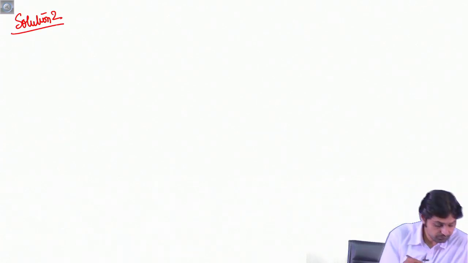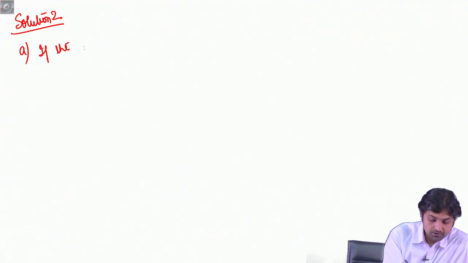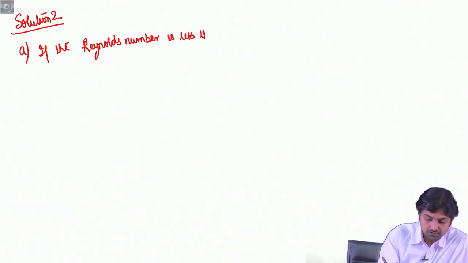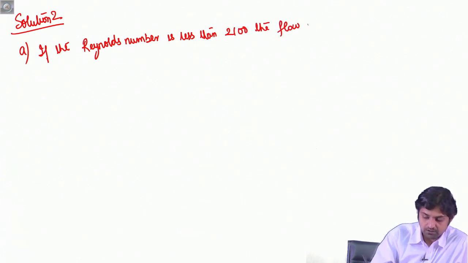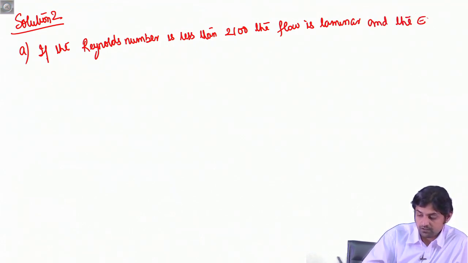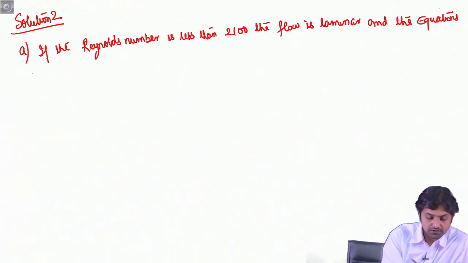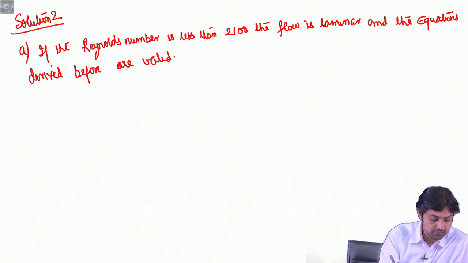The solution to the first one. If the Reynolds number is less than 2100, the flow is laminar, correct, and the equations derived before are valid.